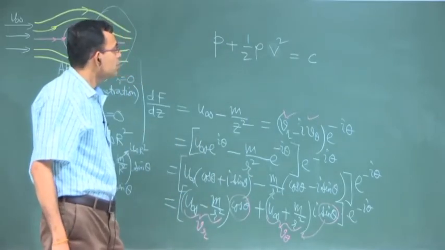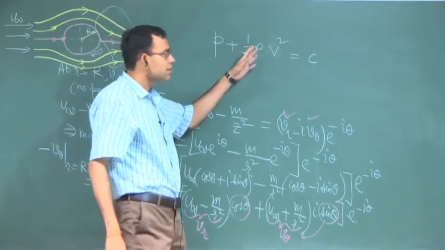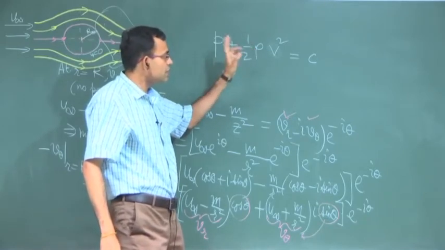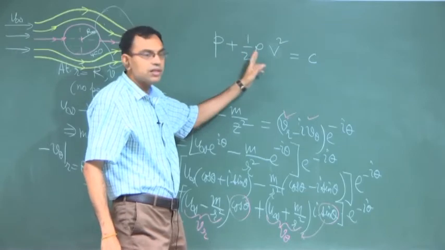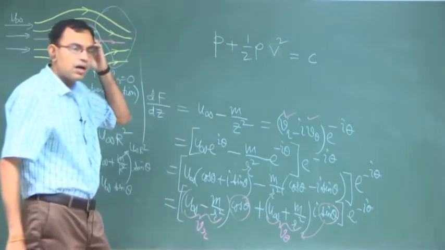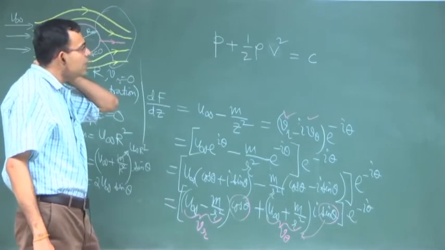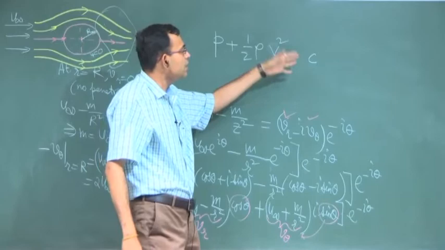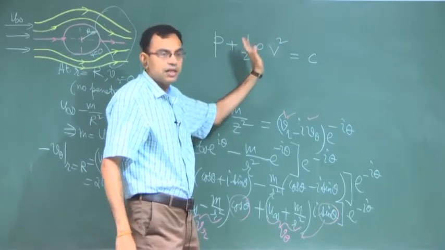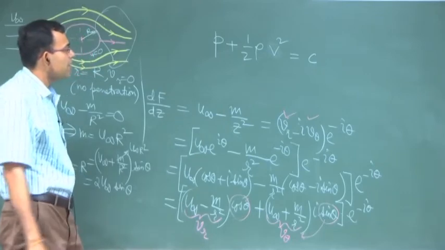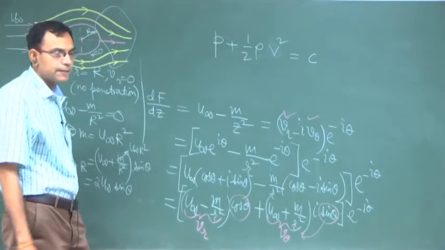What are the assumptions behind this? Steady flow and constant density flow, irrotational flow, and negligible change in potential energy. So with these considerations, P plus half rho V square is equal to constant.